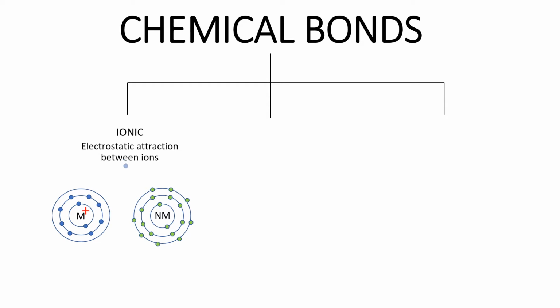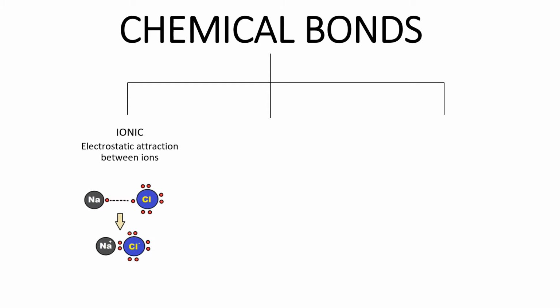Then this electron is attracted towards the non-metal, and the non-metal becomes negatively charged because one more electron is attracted to this atom. Now we have two ions, one positive and the other negative. Then these two ions bond together to form an ionic bond.